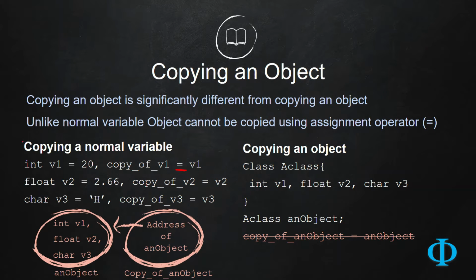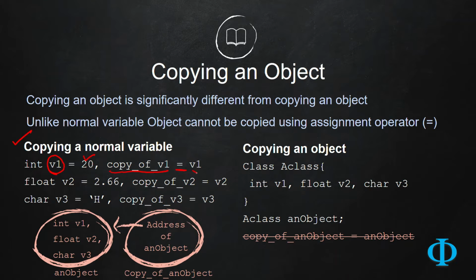For example, if you see at the left hand side of the slide, copying a normal variable, you can easily see that in the first example I have created an integer type variable v1 and assigned a value of 20 in it. And after that, I have created another variable called copy of v1, and then I have used copy of v1 equals v1, with the assignment operator.